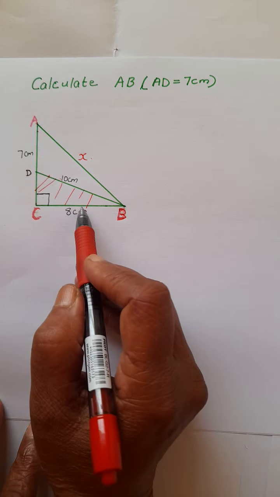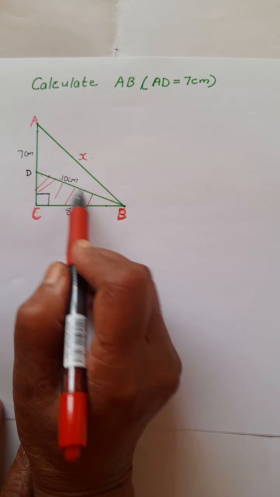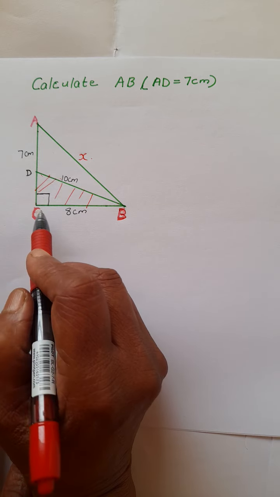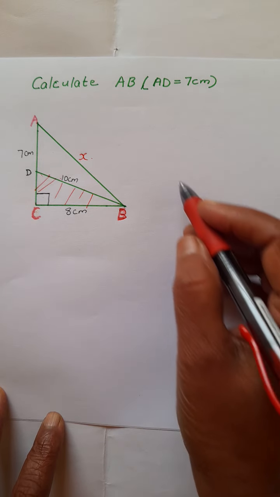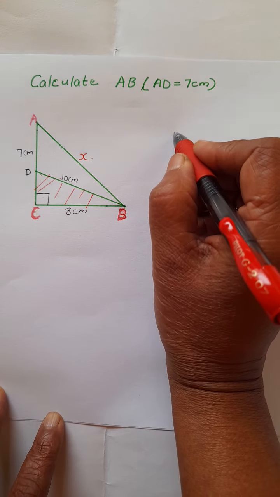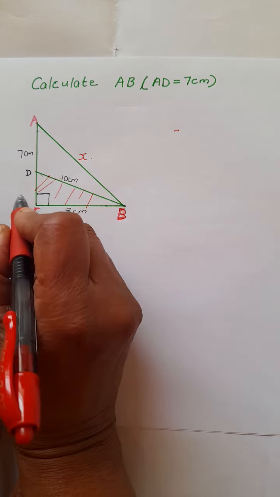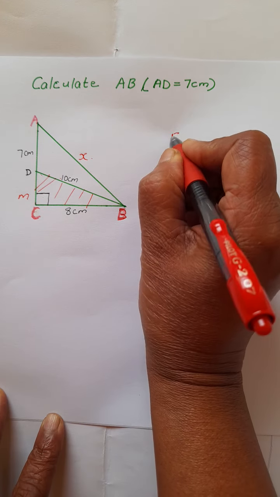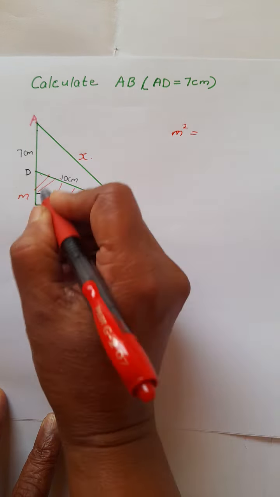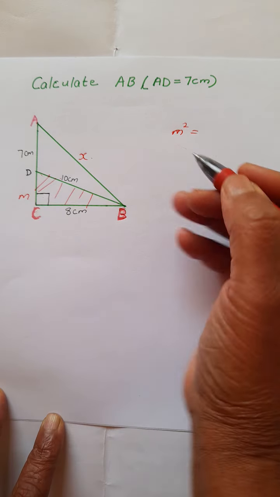In this small triangle, this 10 centimeter is the hypotenuse and these two are the right angle sides. So let's write the equation first. We have to name this, so let's say it is m. So m squared is equal to, or you can even use CD, it is fine.